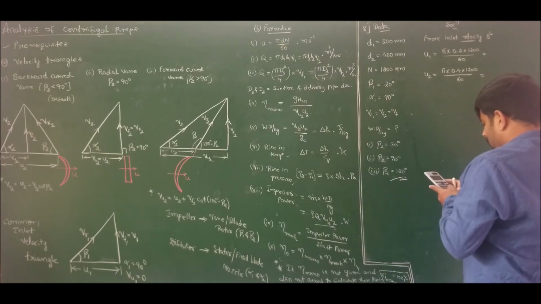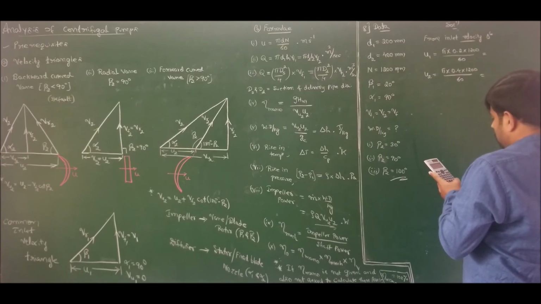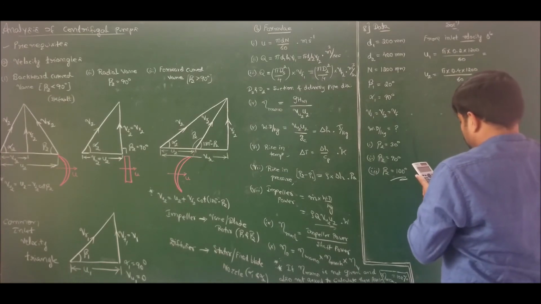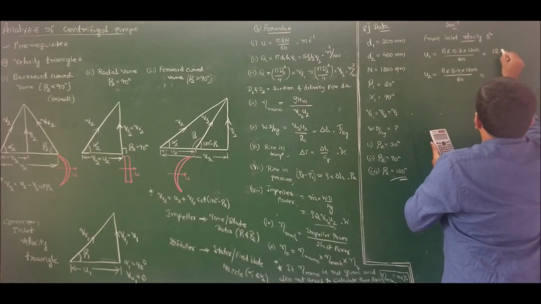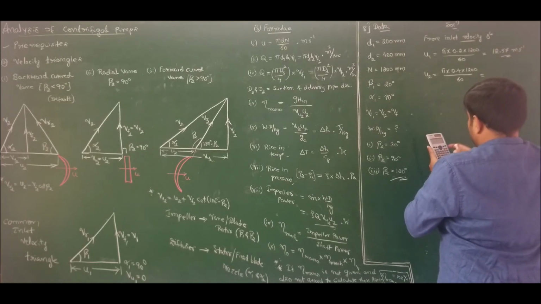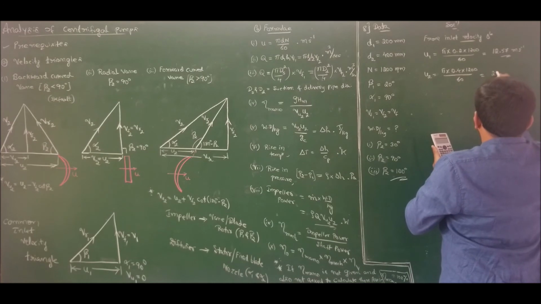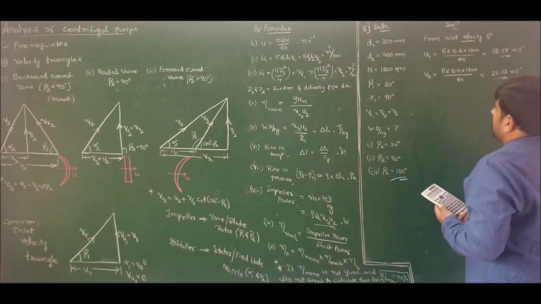So u1 is 12.57 meters per second and u2 is 25.13 meters per second.